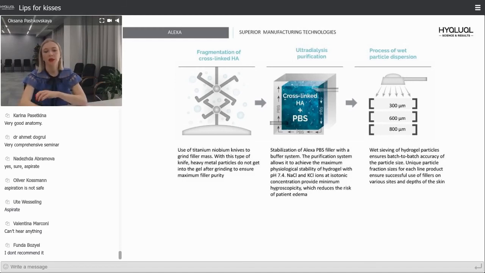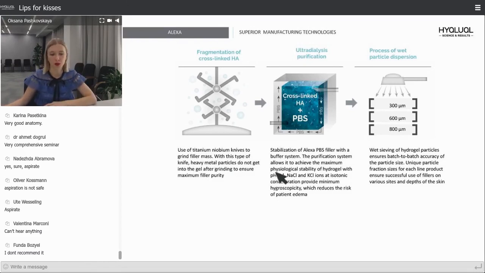And then after getting that powder on producing, they put the PBS buffer system to dissolve this filler, to get the gel. Yes, after getting gel, they also use the titanium niobium knives, and it's very important that after that working, we have no heavy metals particles in filler.